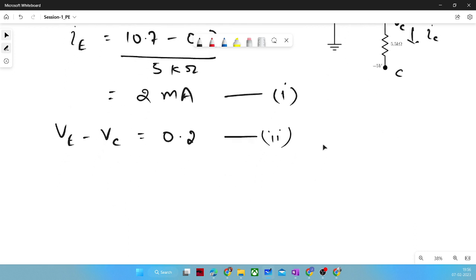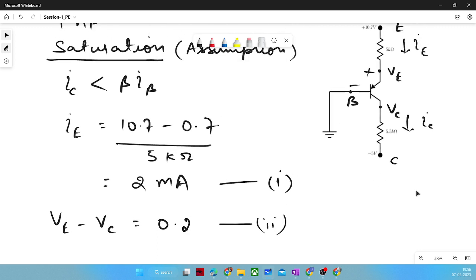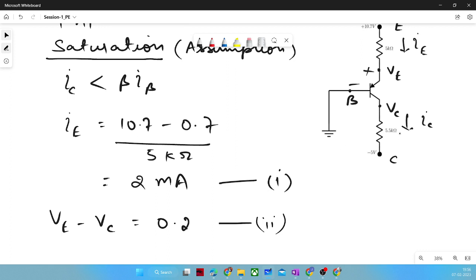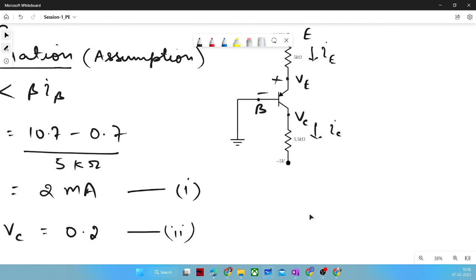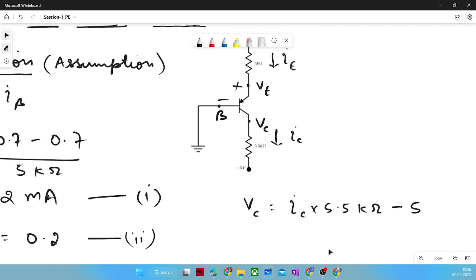And the third condition we can compute in terms of VC and this IC RC plus this terminal. Another equation we can write: VC is equal to IC into 5.5 kilo ohm minus 5.